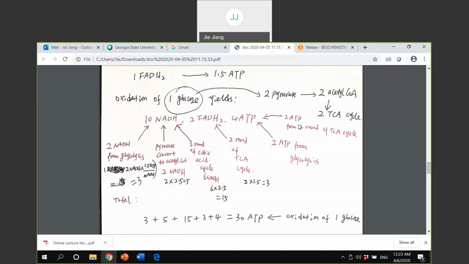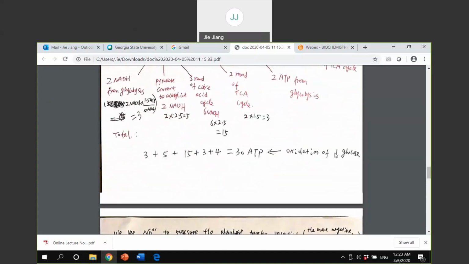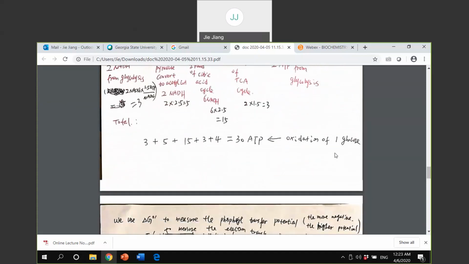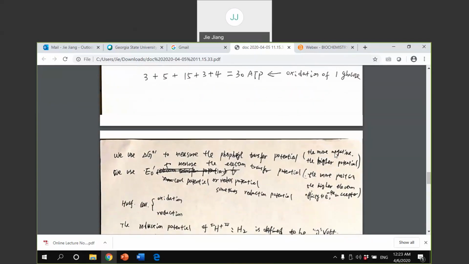So only this 1 ATP from one round of TCA cycle. So overall, you will have 1 ATP, 1 plus 3, 4 NADH, and 1 FADH2. So you can calculate how many ATP. Okay, so that is how to calculate the ATPs from different pathways.